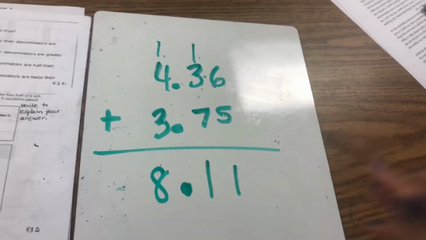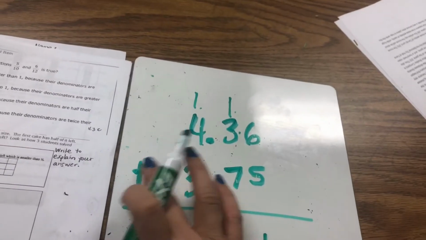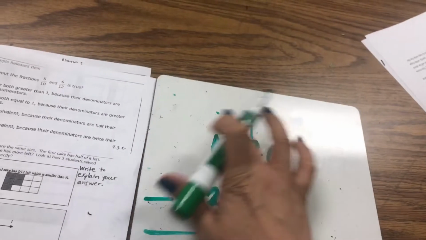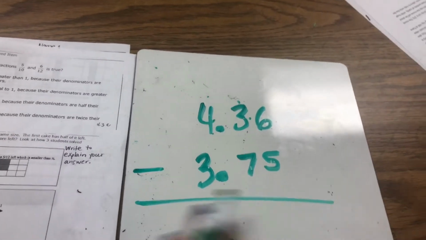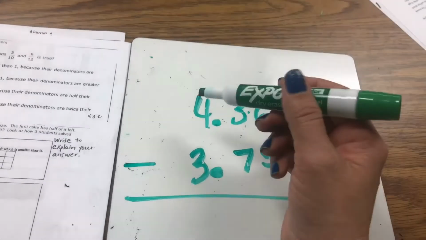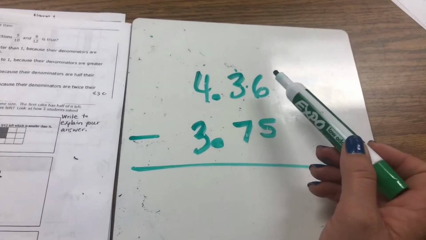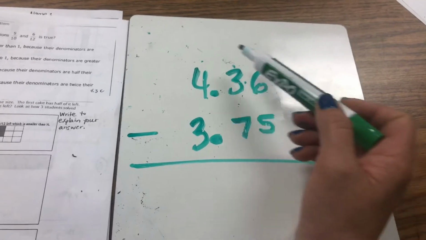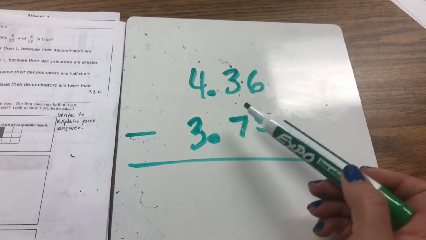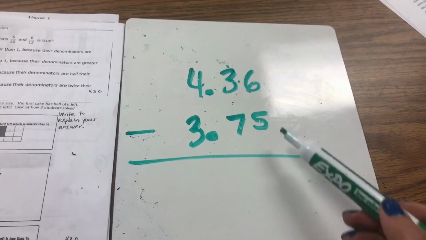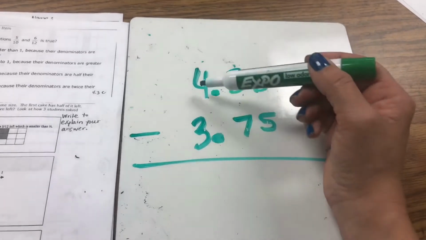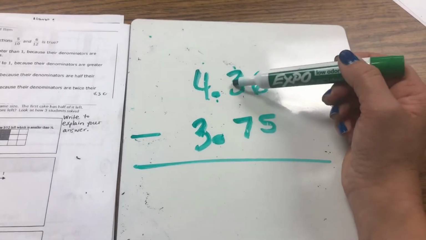If we were adding. Now, if we were taking away and subtracting, you would need to make sure to have the greater amount on top, which $4.36 is definitely greater than $3.75. And again, make sure that you have your correct place values lined up.